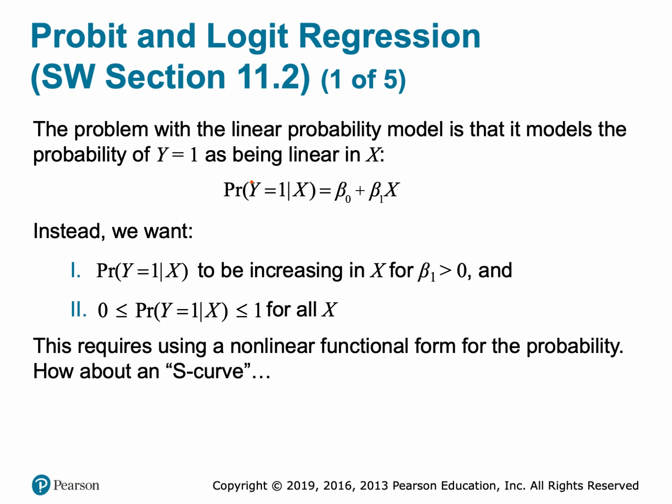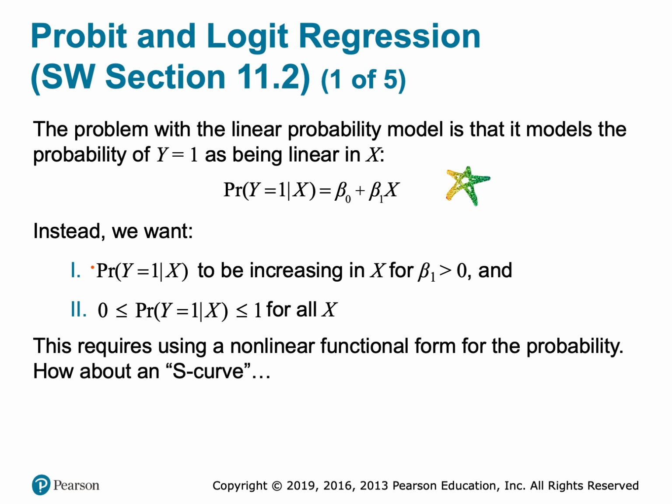We saw in the last video that using the linear probability model, the probability that y equals 1 given x is equal to beta naught plus beta 1 times x. But we saw that this has problems at values of x which give us probabilities close to 0 and 1, because we can get predicted probabilities that are actually negative or greater than 1.